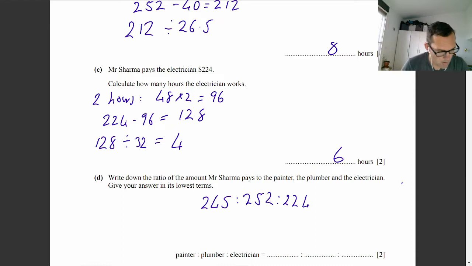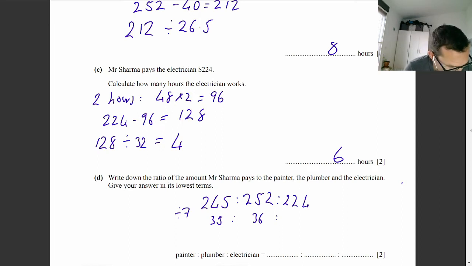6, we can try 245 divided by 6. Again, that gives us 40.83. Doesn't work. What about 7? Let's try 7. 245 divided by 7 is 35. 252 divided by 7 is 36.